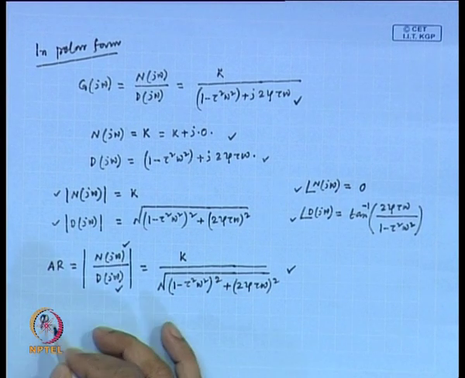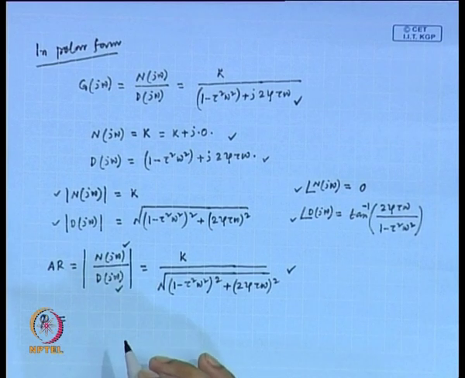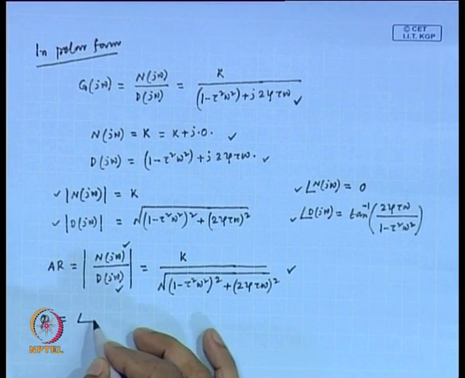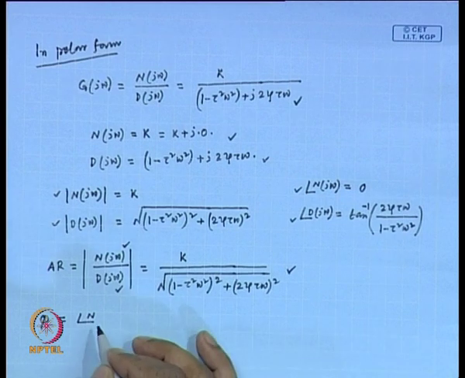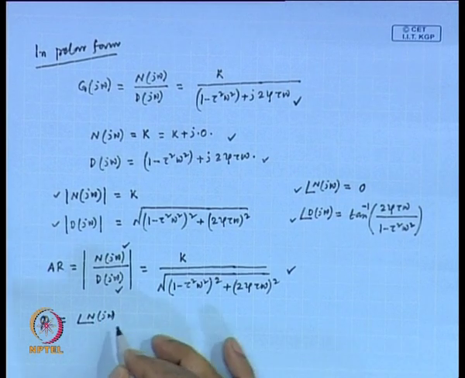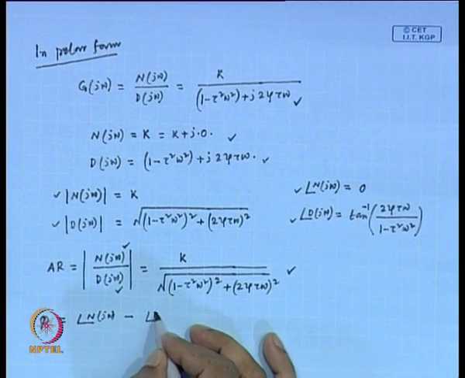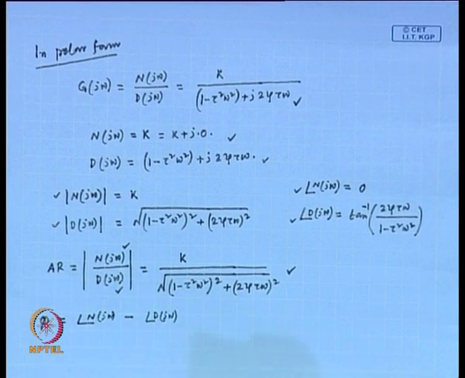Similarly, the phase angle is obtained as the argument of N minus the argument of denominator.